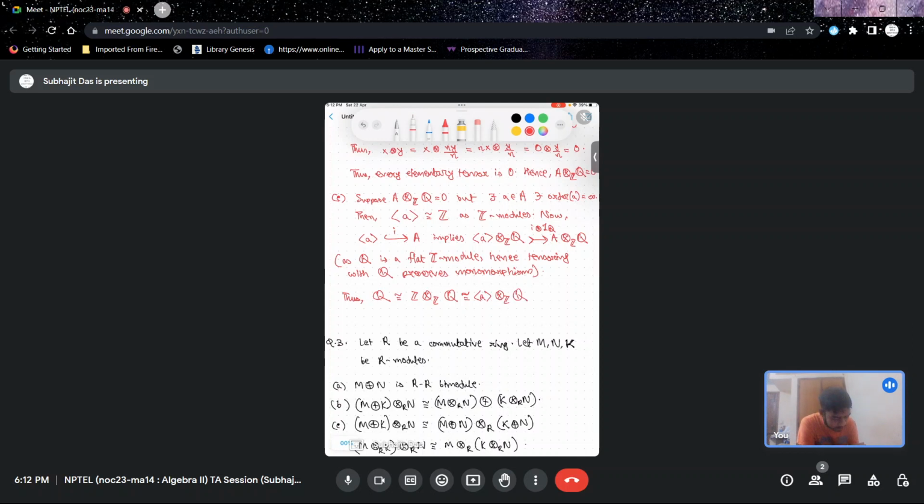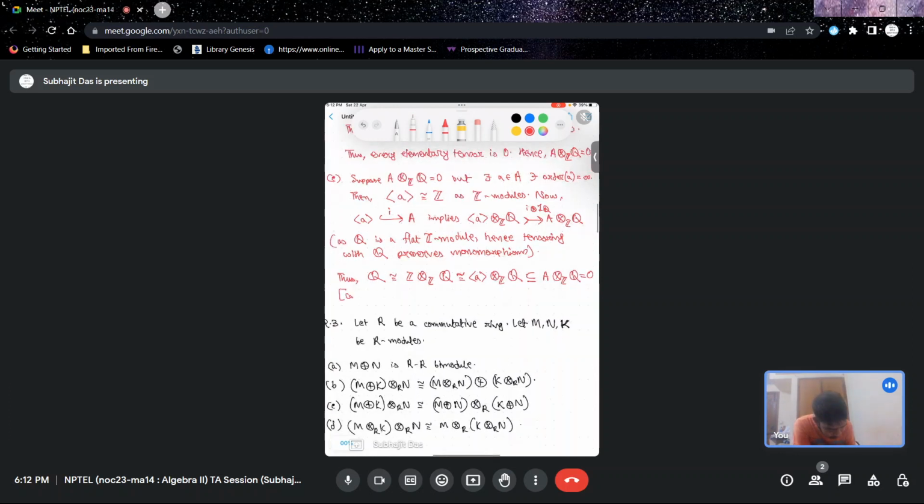Since a has been assumed to have infinite order, the submodule generated by it will have to be isomorphic to Z, and this is a submodule of A tensored over Z with Q, which is equal to 0. Contradiction.